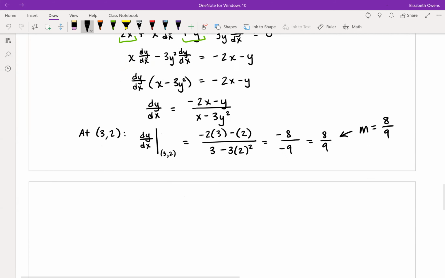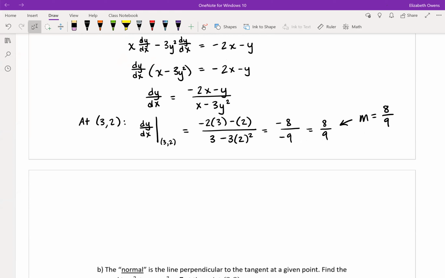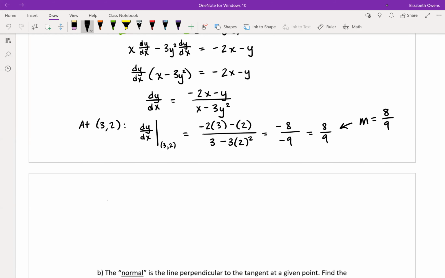And now the rest of it flows like usual. We're going to use our equation of a line, and we're going to plug in the details. 8/9 for our slope. And we'll plug in 2 for y and 3 for x again, so that we can solve for b.